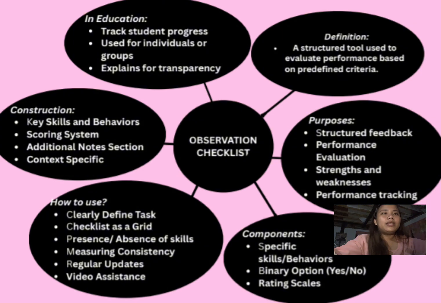Then another one, uses hand gestures to emphasize key points and avoids using filler words like um or uh. In that way, the observer can observe the behaviors or the skills that are specific.